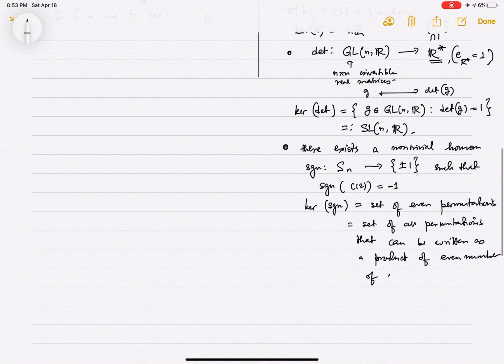Flips are transpositions. Flips or transpositions are permutations that in cycle notation look like this. So they switch two things and fix everything else.